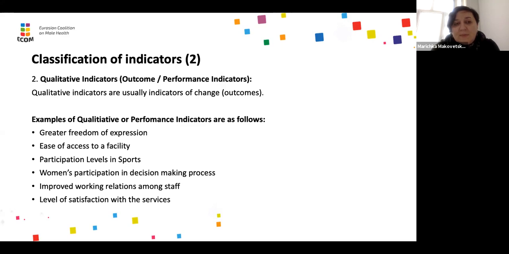By this indicator, you may understand: are you successful in providing them good quality services? Does the place that you chose for your services fit them? Do they need the number of services or products that you give them, or are they not happy with this? So that's all measurement of level of satisfaction.